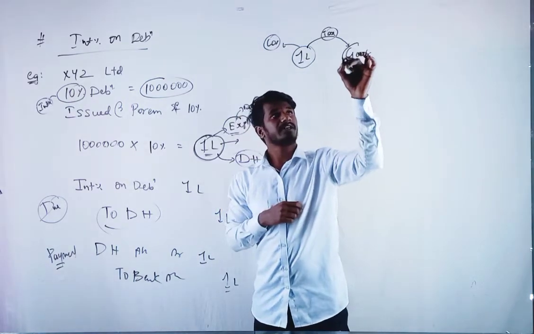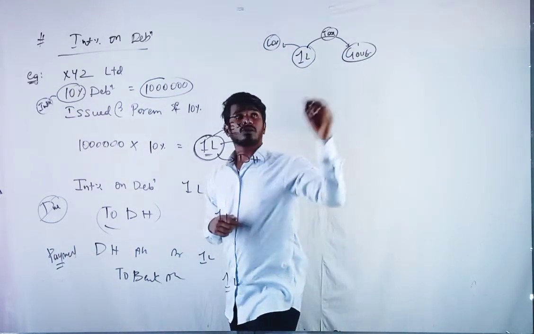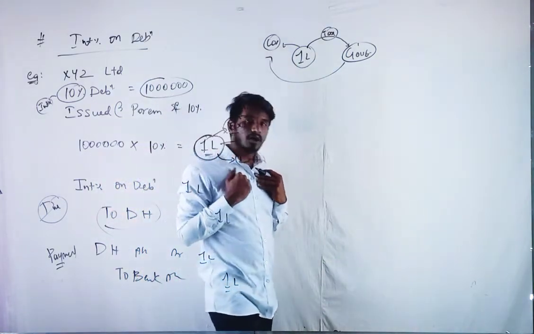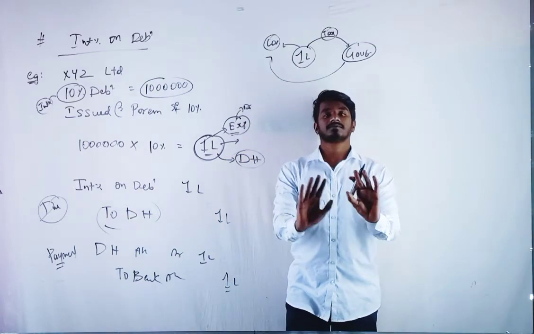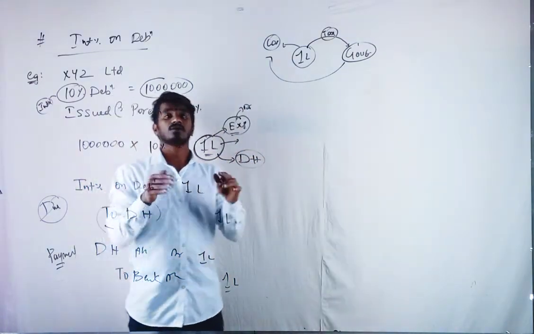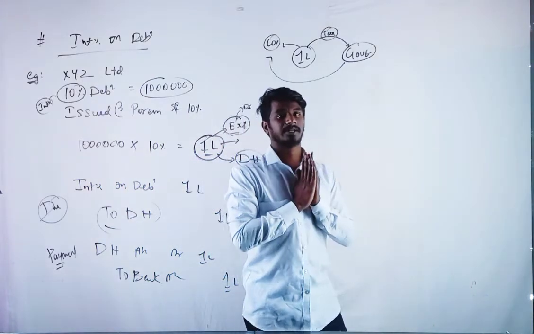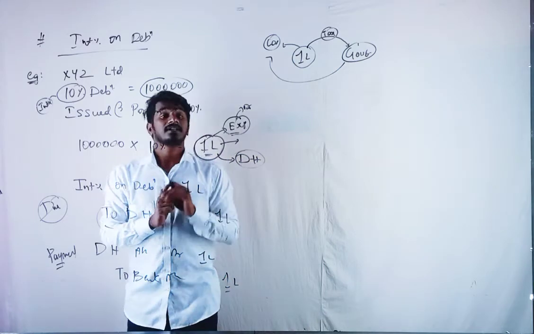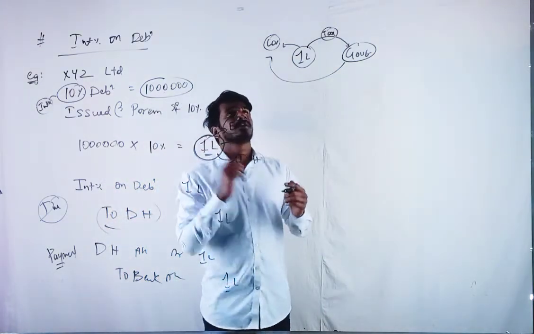So the government will say to the company, see, company, I cannot track each and every debenture holder who is earning income from your company, but you can easily track them. So do one thing.